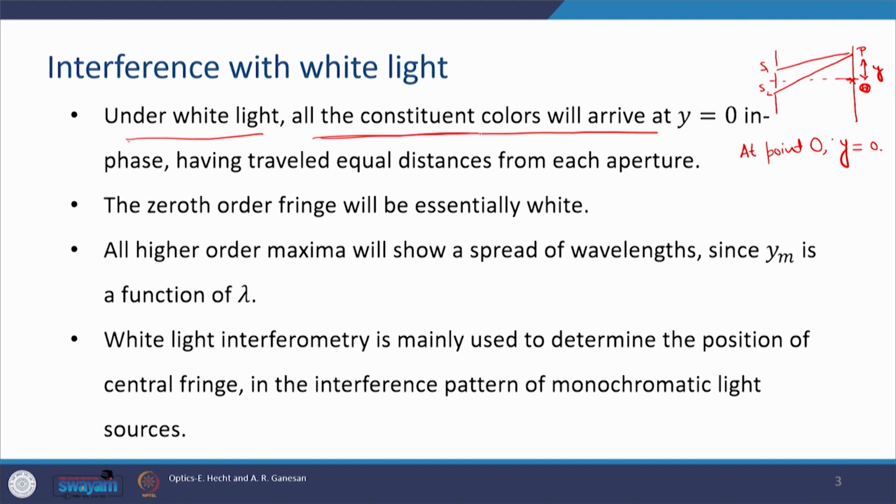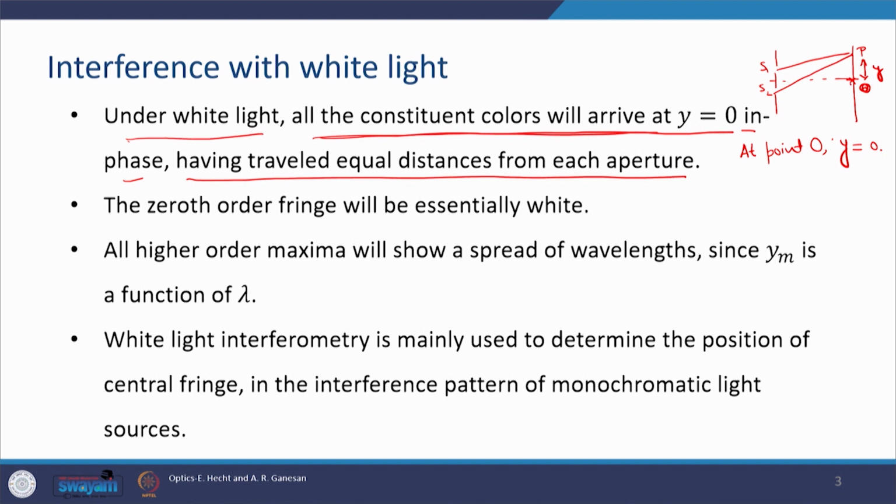All the constituent colors will arrive at y equal to 0 in phase. Why will they arrive there in phase? Because they have travelled the same optical distance in the medium, having travelled equal distances from each aperture.